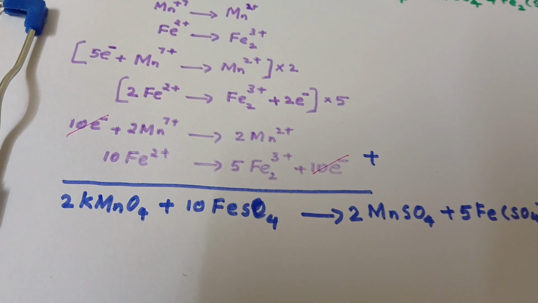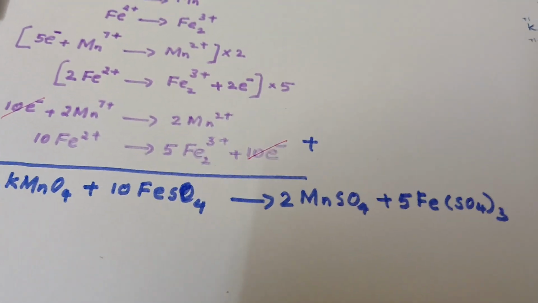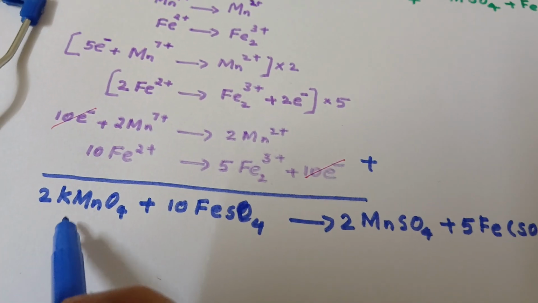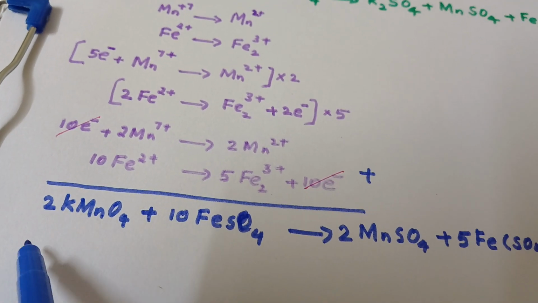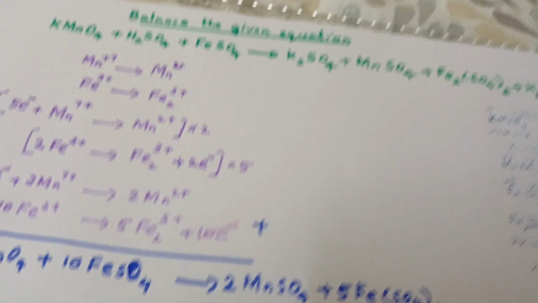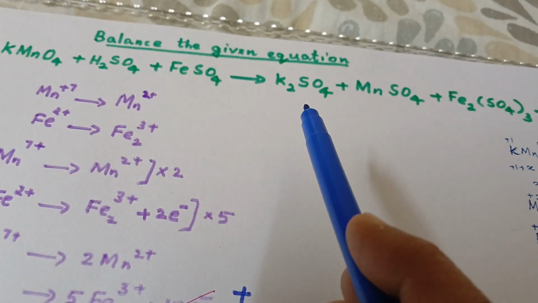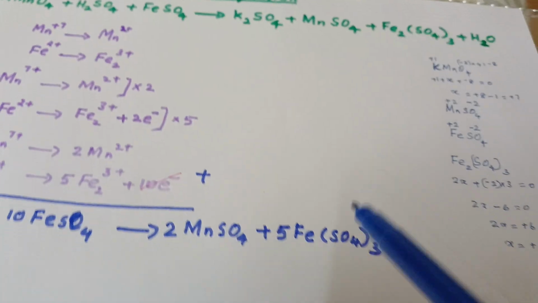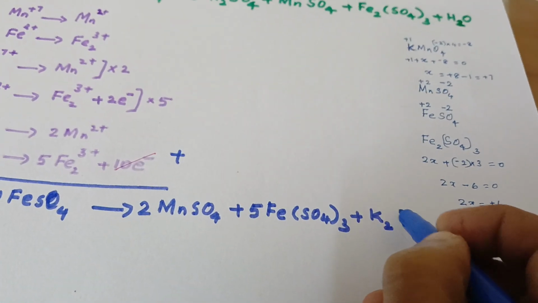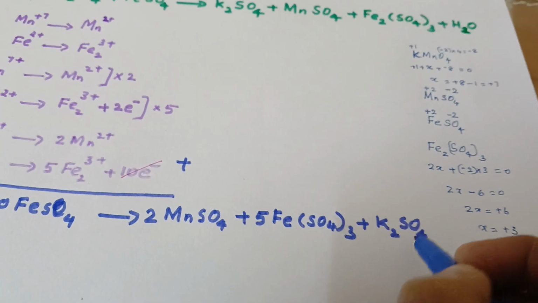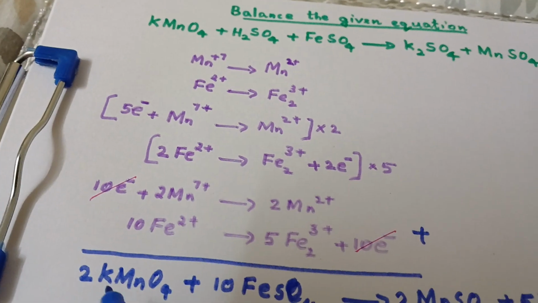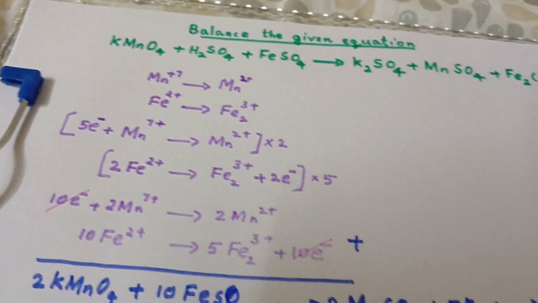Now let us look if this equation is balanced. Is it balanced? No. We have 2 potassium atoms on the left hand side and there is no potassium on the right hand side. But in the given equation there is a potassium sulfate. So let us write that here, plus K2SO4. Now we have 2 potassium atoms on both sides.